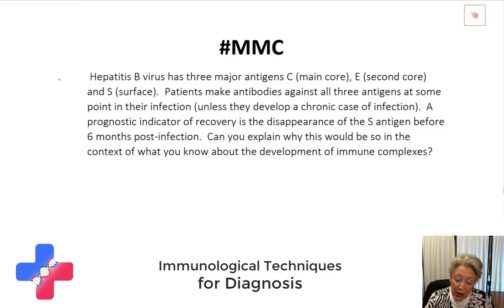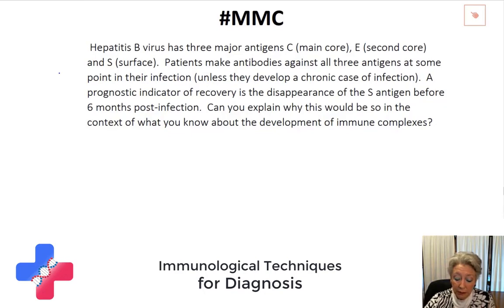Can you explain why this would be so in the context of what you know about the development of immune complexes? Stop your video, work this out on your own, and when you've got your mind wrapped around this, come back and we'll go through it.